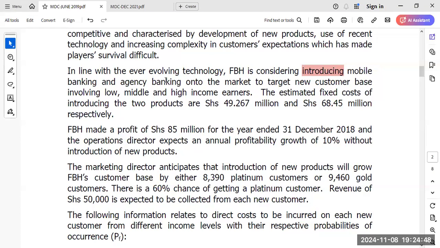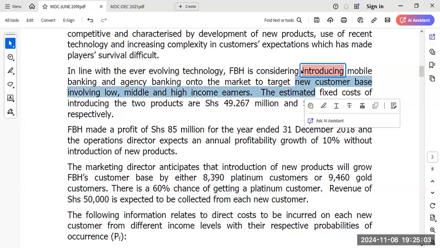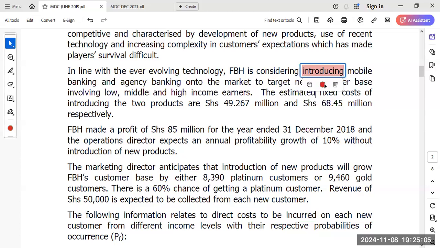Okay, so this company is considering introducing mobile banking, that is product number one, and agency banking. So if I was you in an exam, I would double underline, I make sure that I underline this mobile banking, that is number one, then agency banking.